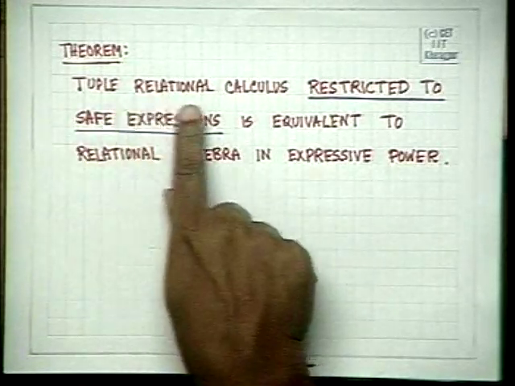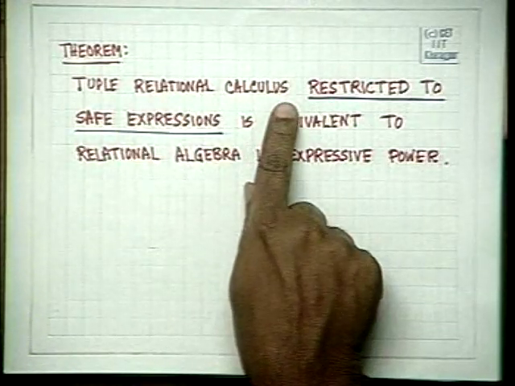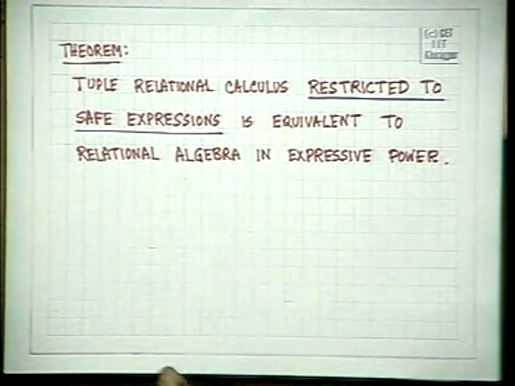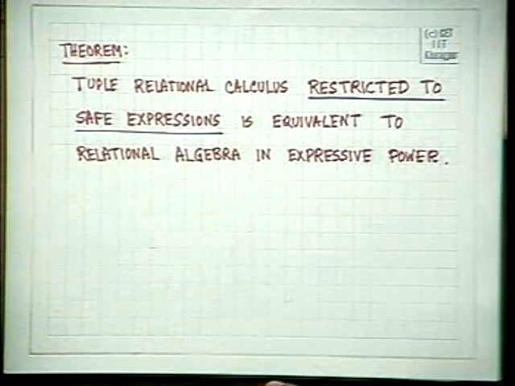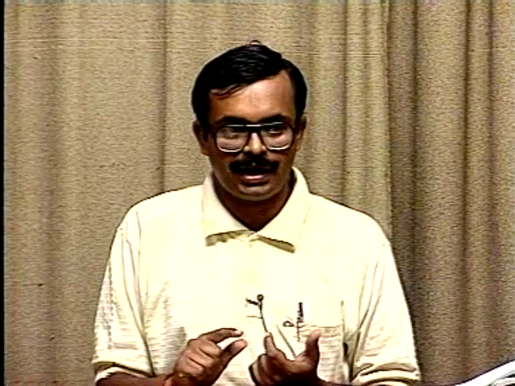And once we know the exact formal syntax of tuple relational calculus, we will see that tuple relational calculus expressions are formed by a combination of two expressions connected by either or, not, and, or implies, and some of them may contain the there exists quantifier or the for all quantifier.